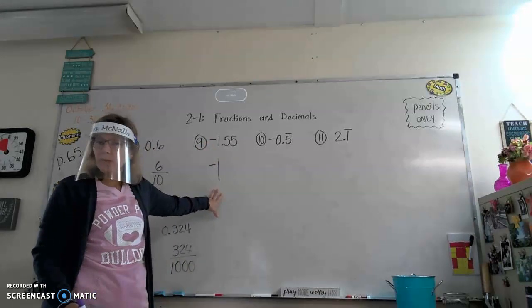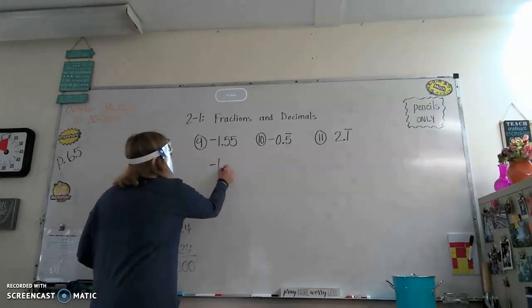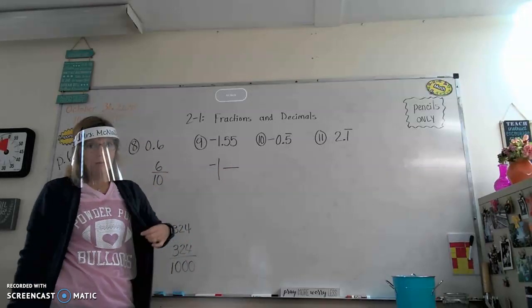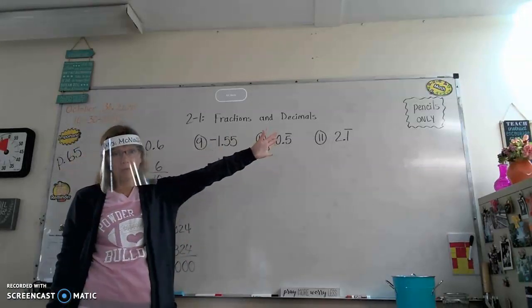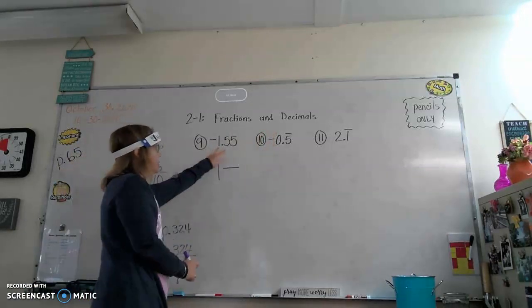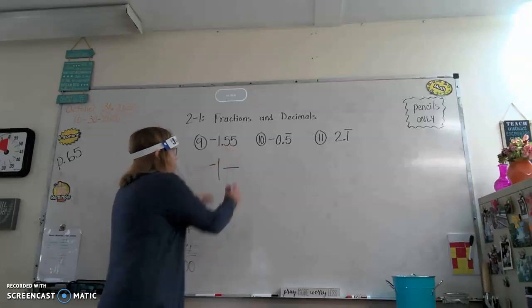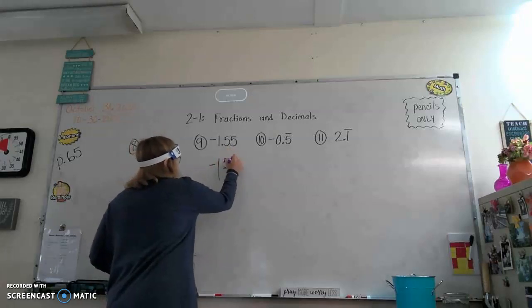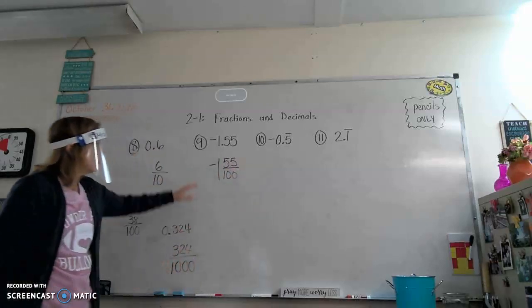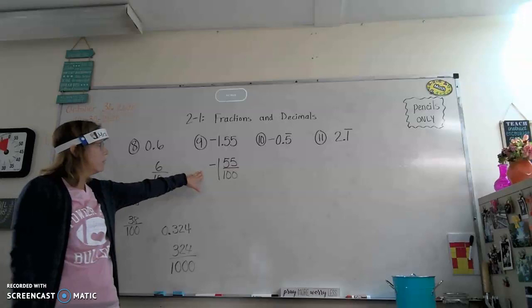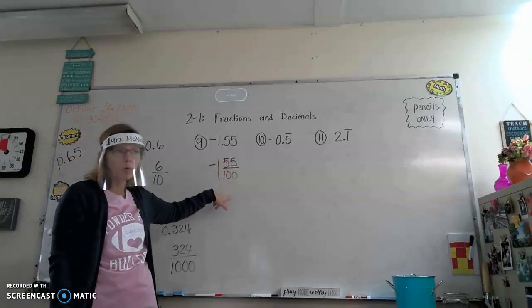The big number gets written down. And then you put a fraction next to it with whatever's after the decimal. So I have how many digits after the decimal? 2. So write those on top. So 2 zeros on the bottom is correct. So this becomes -1 and 55 over 100.